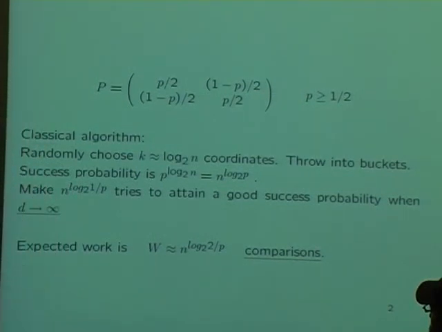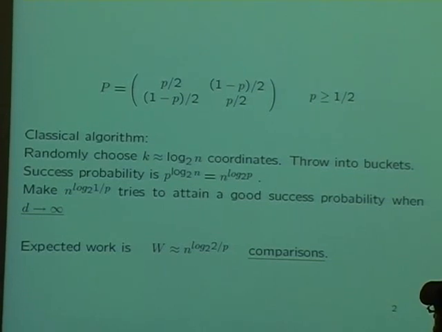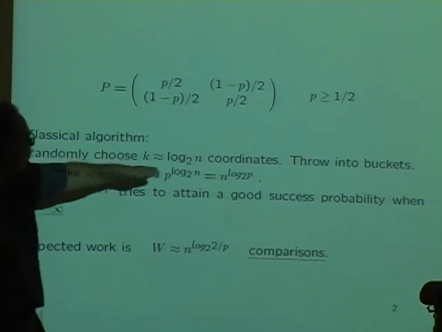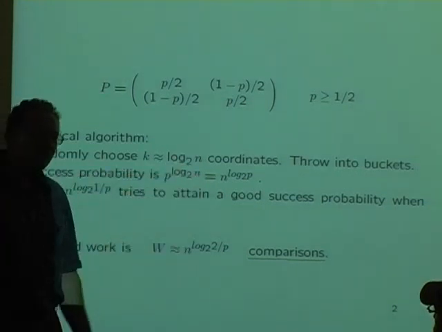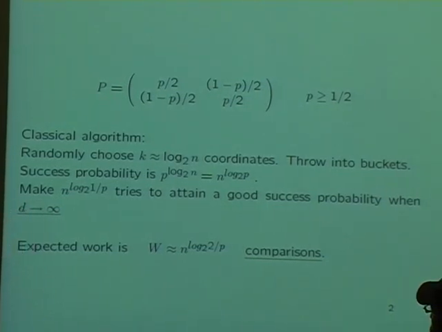Why that? Because we are going to look at the values in these coordinates. The number of values possible is 2 to the k, which would be approximately n. So it means that each of the sequences will get sort of a place of its own.